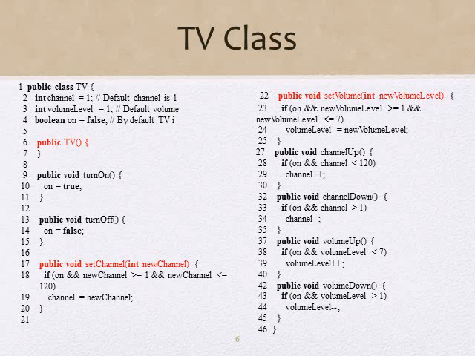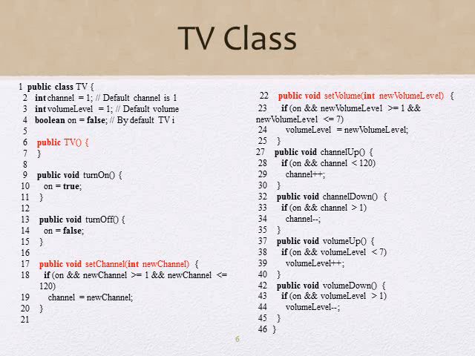Oh, I ignored line 6 up there, our constructor. It is just an empty constructor. It doesn't do anything special. Lines 27, 32, 37, 42 are some more methods. We change the channel by increasing or decreasing it, or the volume up and down.